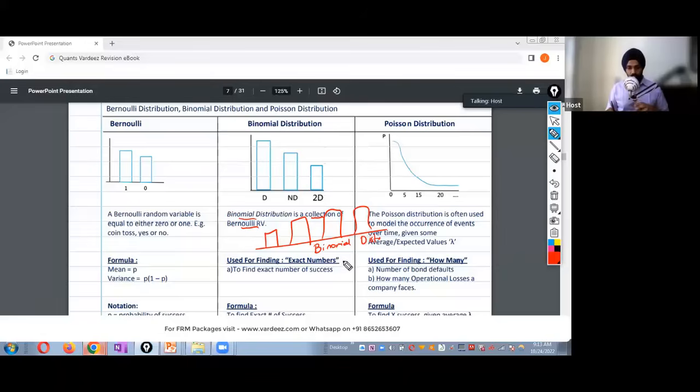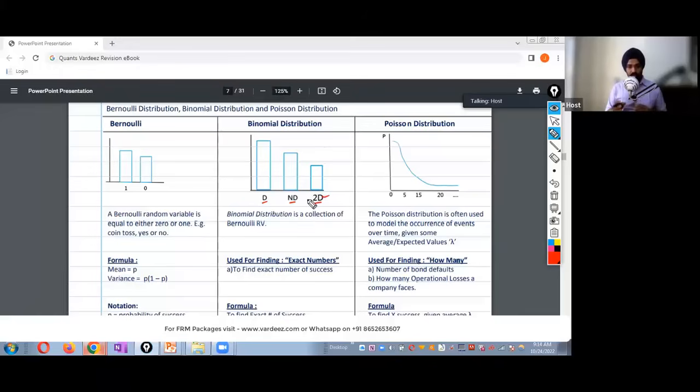Moving on from the coin toss example, let's say I have two bonds, not just one. The probability of one bond defaulting is this, the probability of the second bond defaulting is this, and the probability that both bonds default is this.